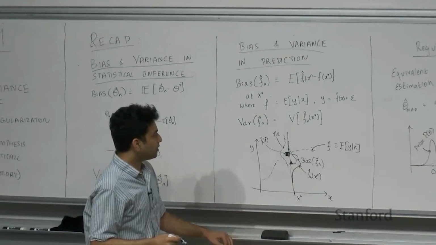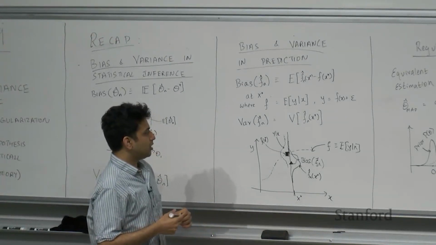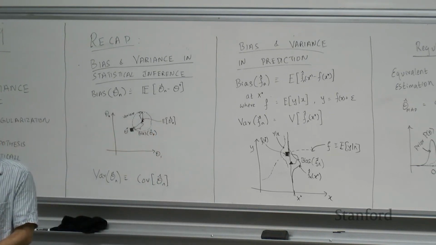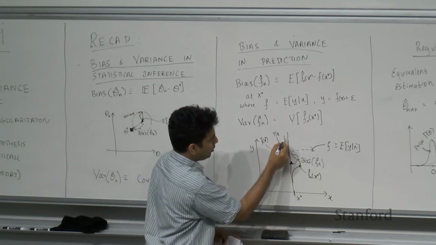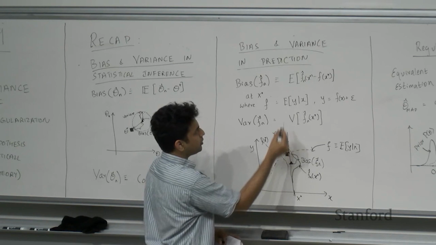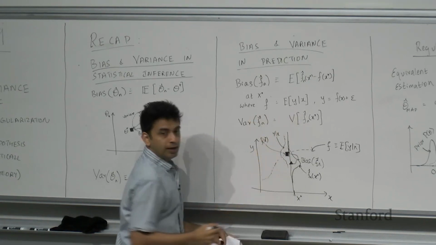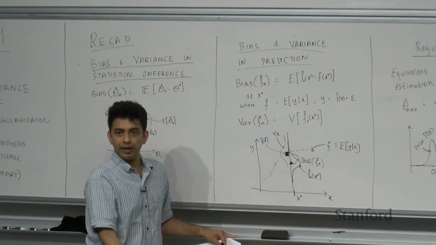Right? However, the bias variance decomposition of the squared error loss has a third component, which we call irreducible error. So the dotted distribution that's indicated here is the distribution of y given x. So this is y given x, and it is from this distribution that we make the observations y.